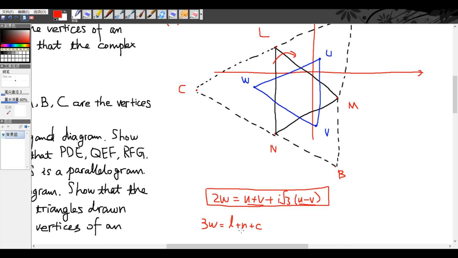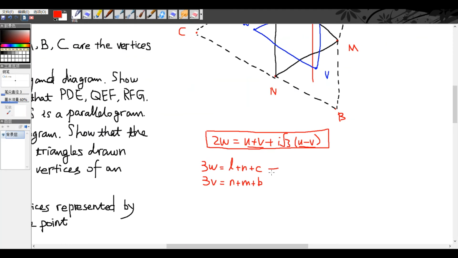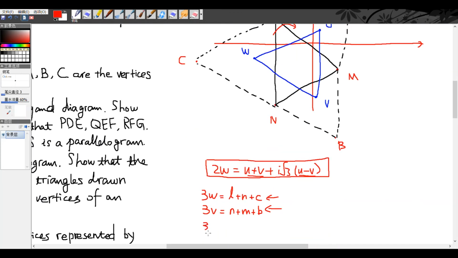And similarly for v, 3v is actually equal to m plus n plus b. I want my ABC terms to be specific, but just write them in the same way. And 3u is equal to L plus m plus a.